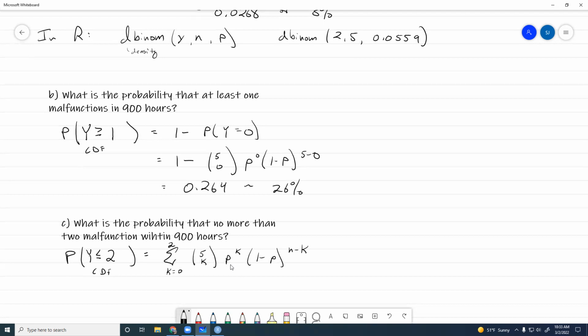The reason I'm using k as a variable is because that's what's going to be changing. It goes 0, 1, 2. So take a minute to write this out, and this is just going to be 3 of the PMFs, one for each of these points.